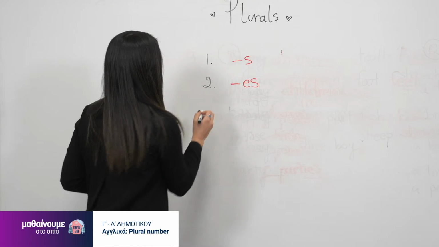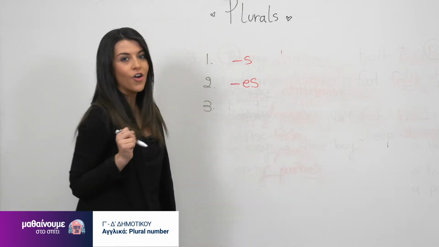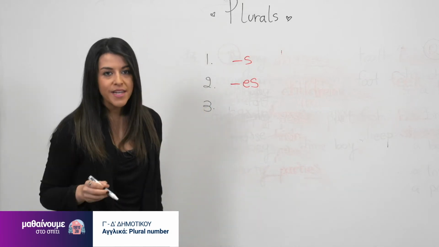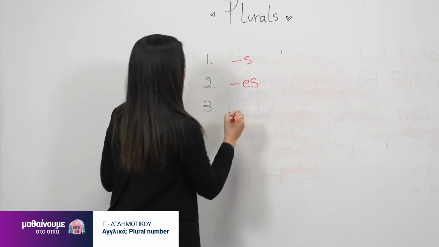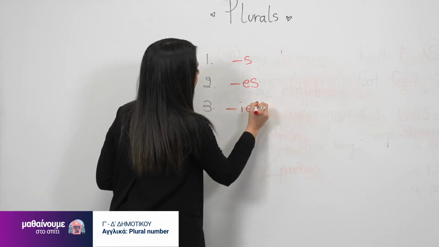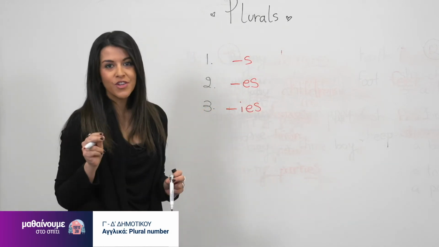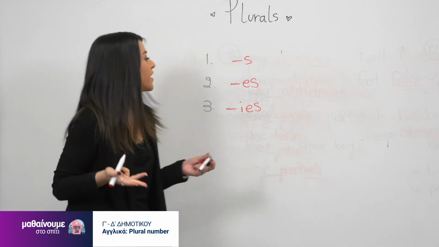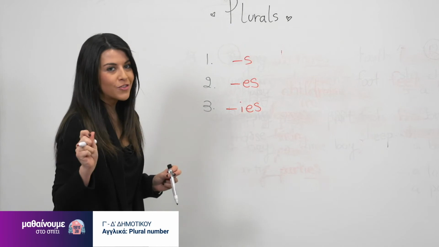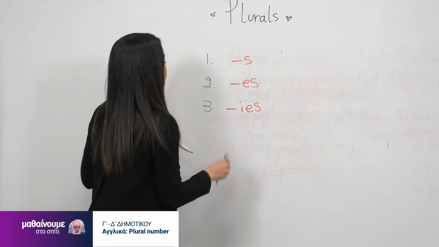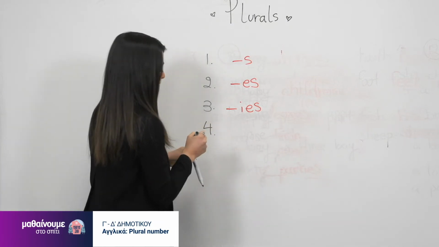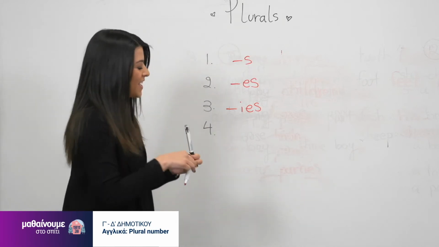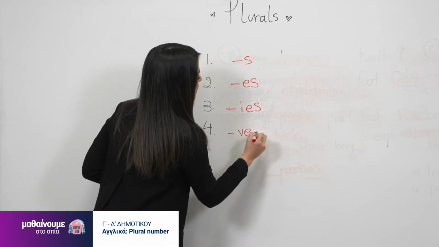Number three. Consonant and Y, we erase the Y and we put I-E-S. Only with consonants, don't forget. So like baby, babies, party, parties. Careful with consonants. And number four, F and F-E in the end, you put VES.